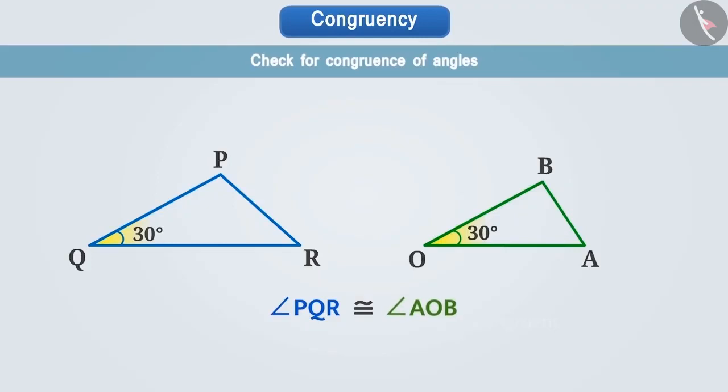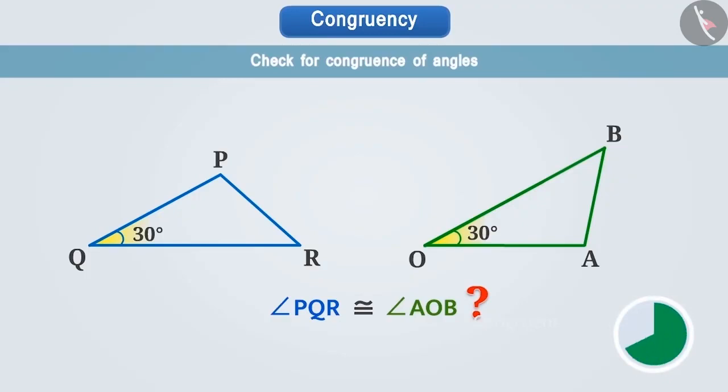Now suppose the length of OB was more than the length of QP. Then in such a situation, would angle PQR and angle AOB be congruent? Think. Keep in mind, it does not matter what the lengths of the sides of the angles are.